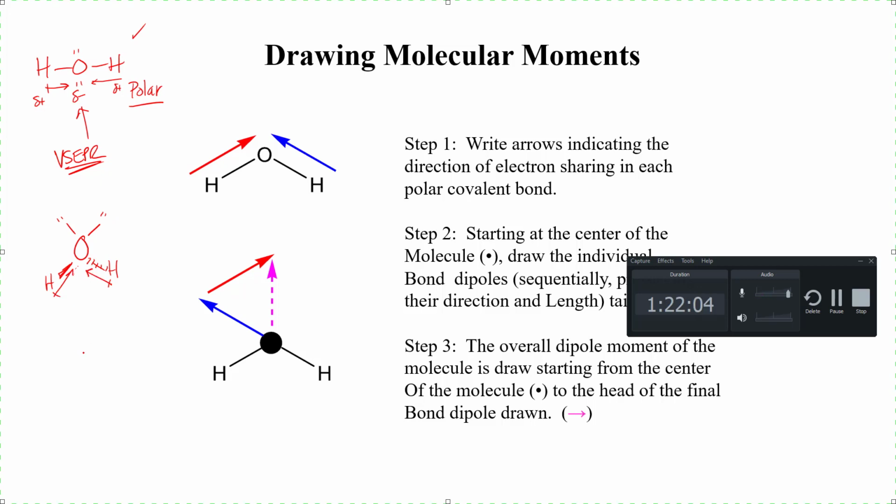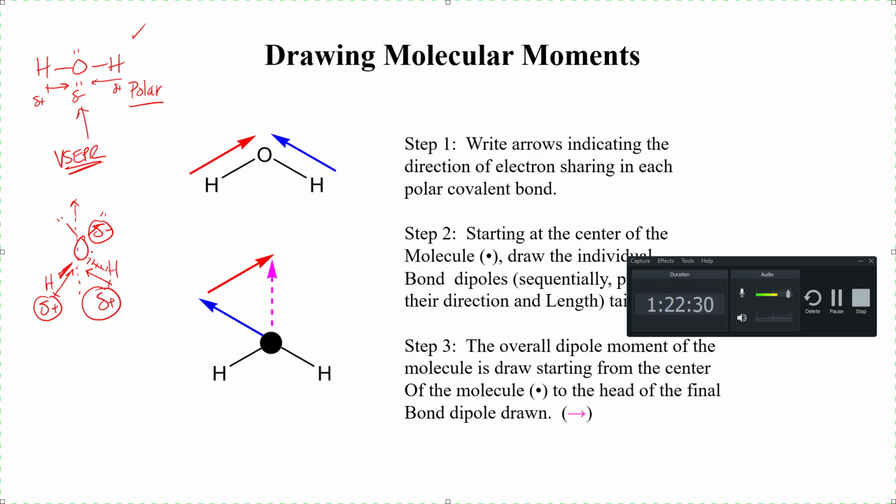They would look like that. Are they canceling? No. And the net dipole moment would look like this, right? That means this part of the molecule would be slightly negative. This part of the molecule would be slightly positive. Why?